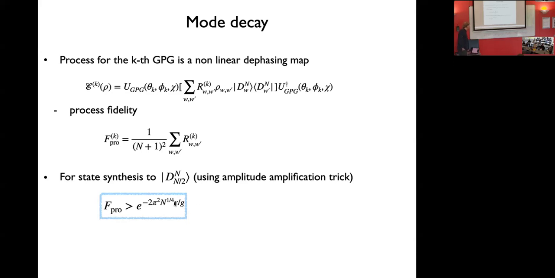So the fidelity error rate goes like square root of n, so it has a rather weak scaling with the number of spins. Here, kappa is the decay rate of the cavity divided by g, which is the coupling rate to the spins.